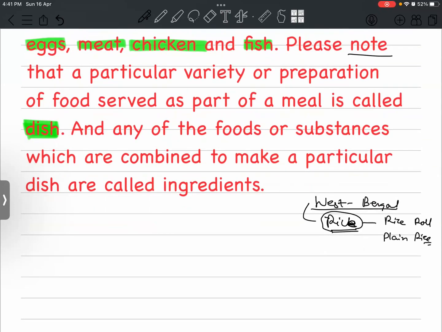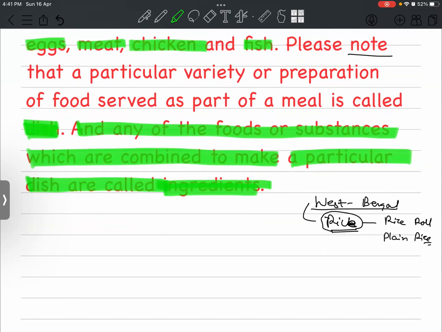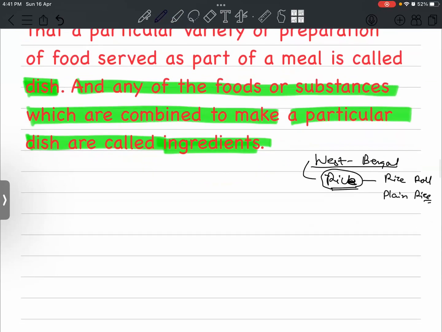Okay. Now, what do you understand by ingredients? What is the ingredient here? It says that any of the foods or substances which are combined to make a particular dish are called ingredients. Yes, Aswati? Yes, sir. The things they use to make a dish.